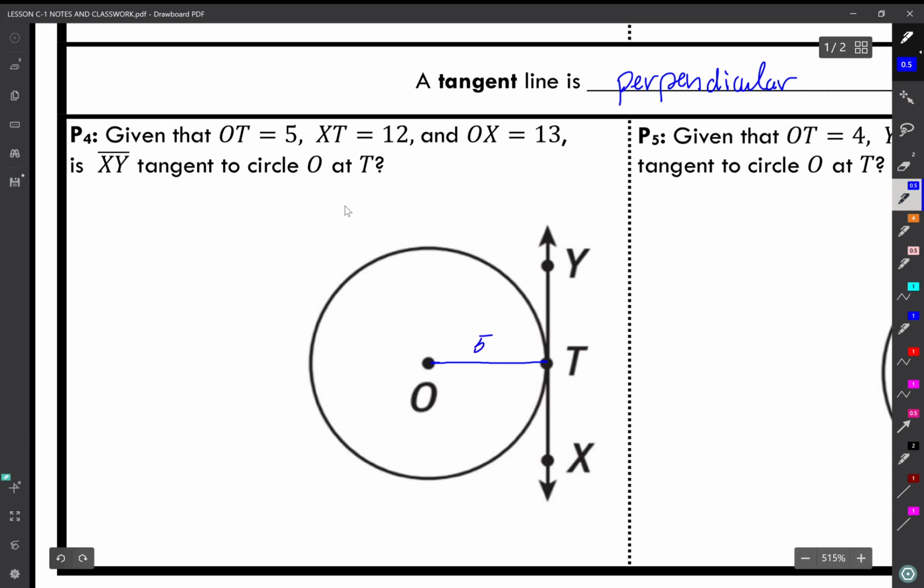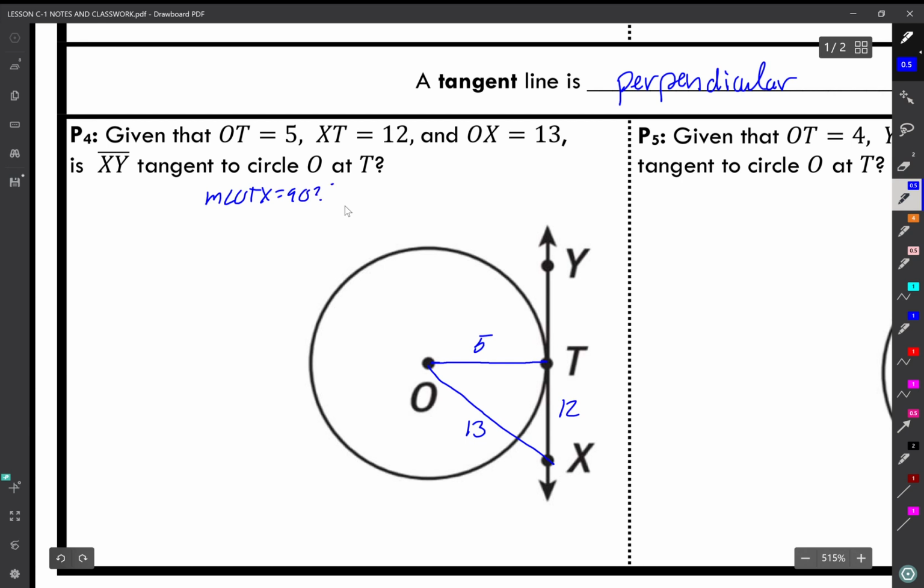XT is equal to 12, and then OX is equal to 13. Is XY tangent to circle O at T? So basically we're trying to figure out if the measure of angle OTX is equal to 90.